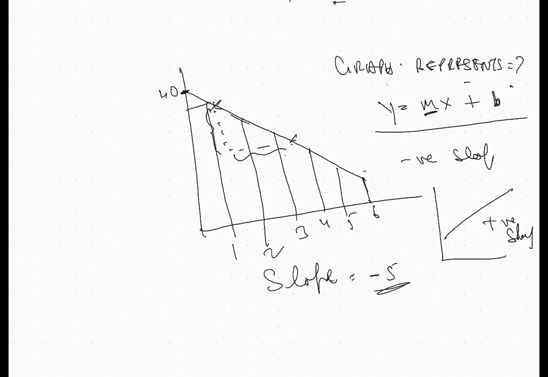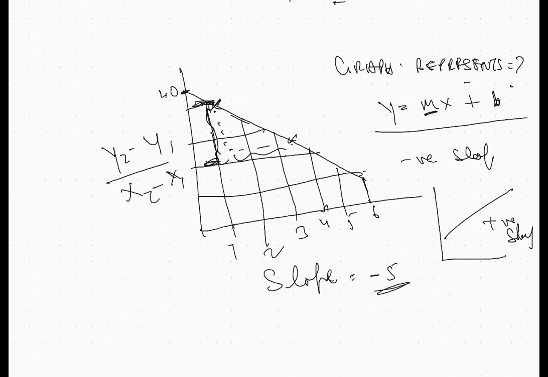Get y2 minus y1 over x2 minus x1. How do you get this? x2 and x1 are just two points, and y2 and y1 are the two points. The first is higher and the second is lower, so you get a negative value at the top. That is why the slope is going to be negative. This is mathematics, everybody.